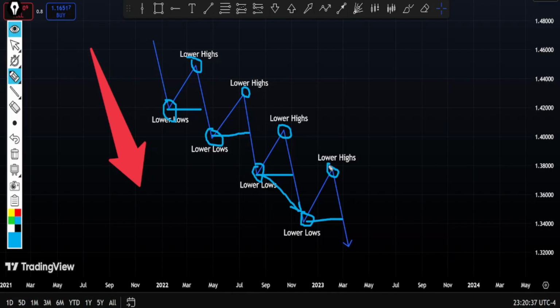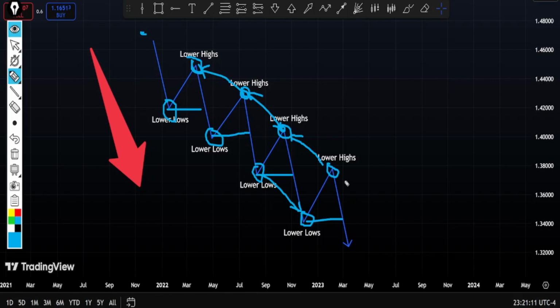So this is the basic explanation of market structure.